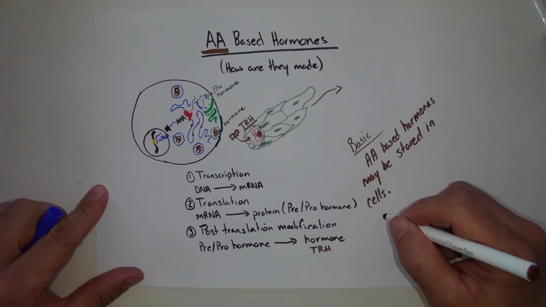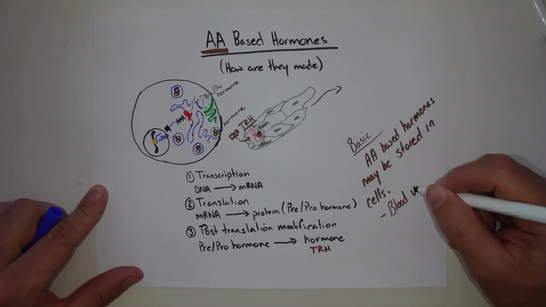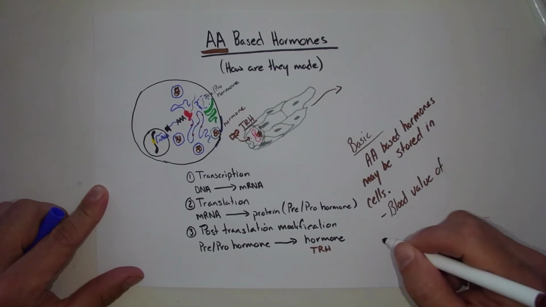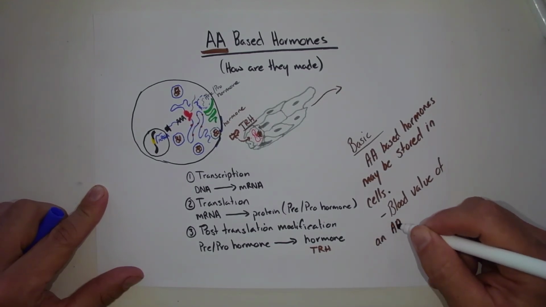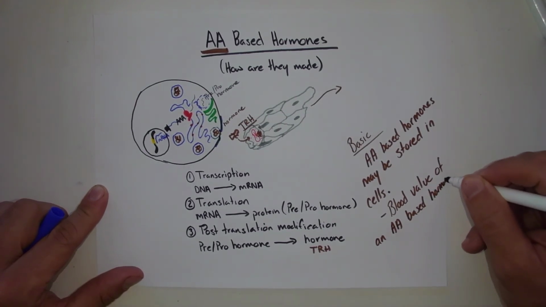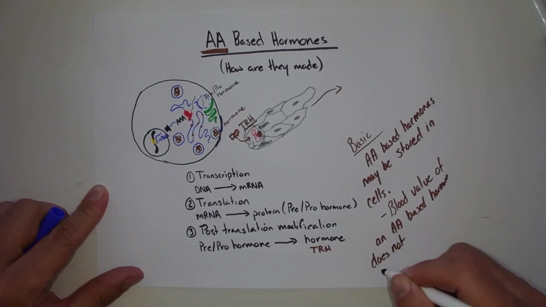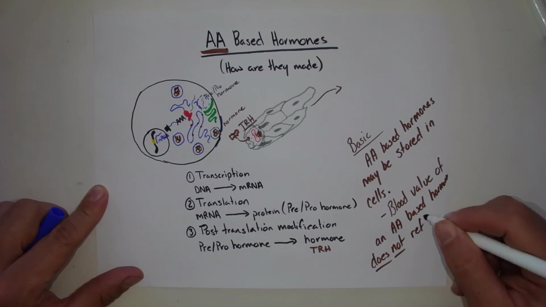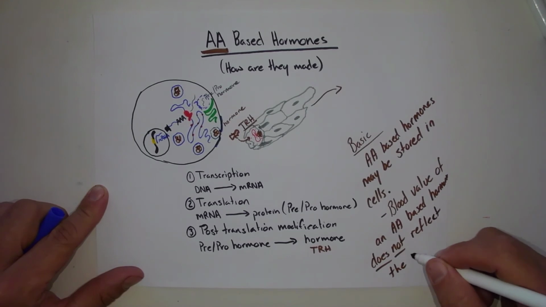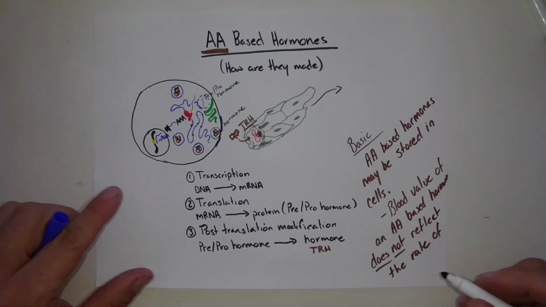This means that the blood value, or the amount that's found in the blood of an amino acid-based hormone, does not reflect or indicate the rate of synthesis, how quickly it's being made.